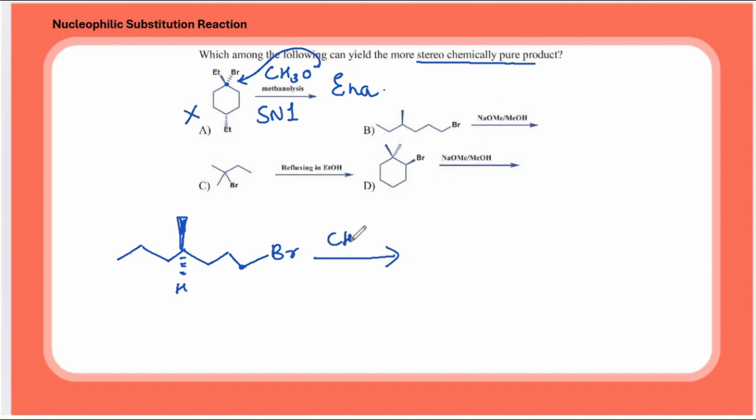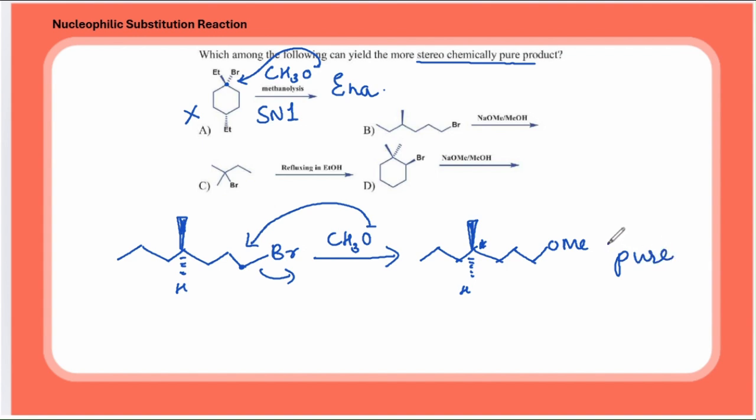So again our nucleophile is methoxide. And it will undergo SN2 because it is primary. And you are going to get a product like this, right? The methyl is here and the hydrogen is below the plane. This will be a pure product.